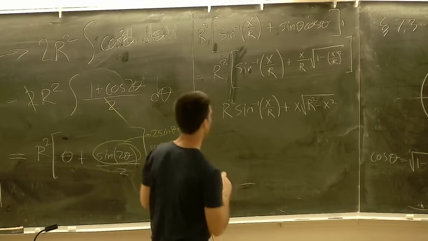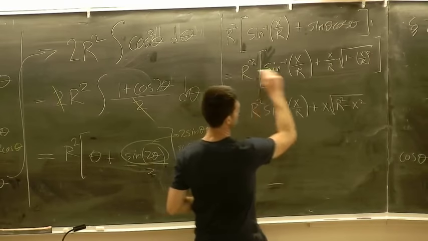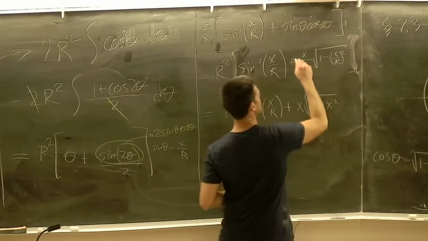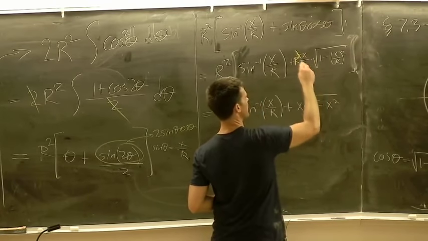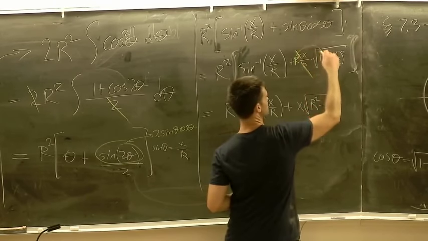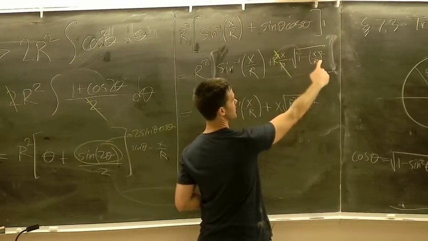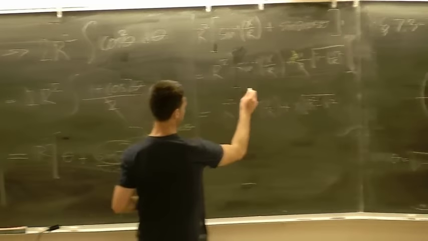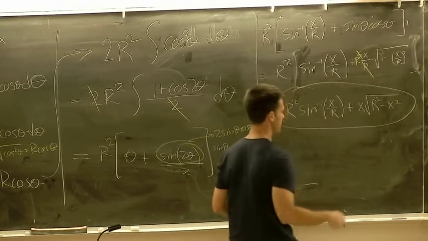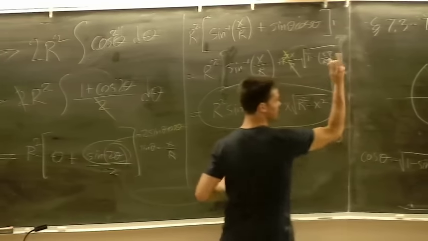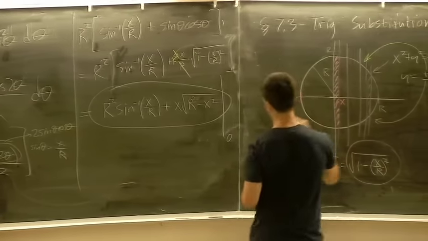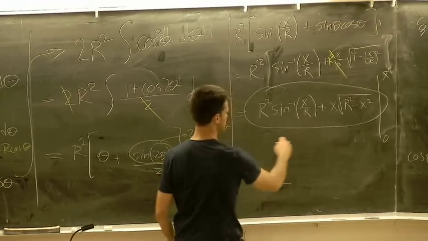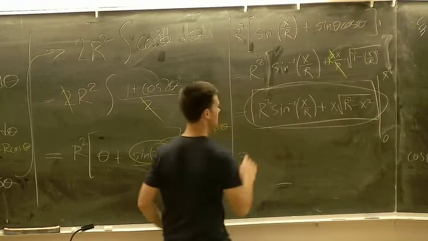Yeah, if I bring this r in, put an r squared here, one of them cancels with this one, and one goes inside, becomes squared, and cancels with that one. Okay? So this is the answer. Evaluated from 0 to x, if you plug in 0, you get 0, so it's just the same as this. This is the answer.